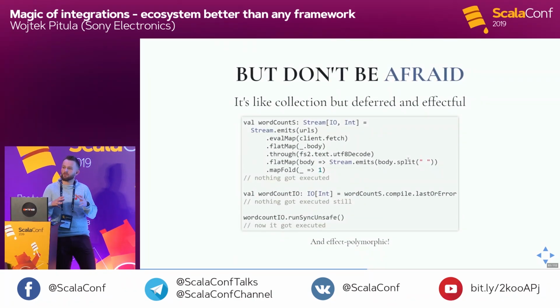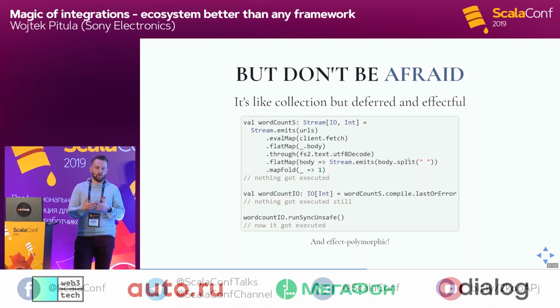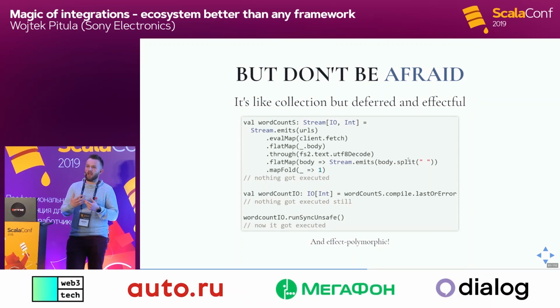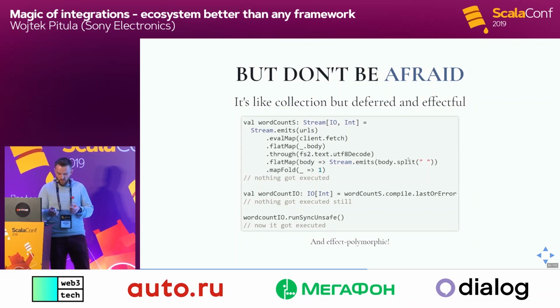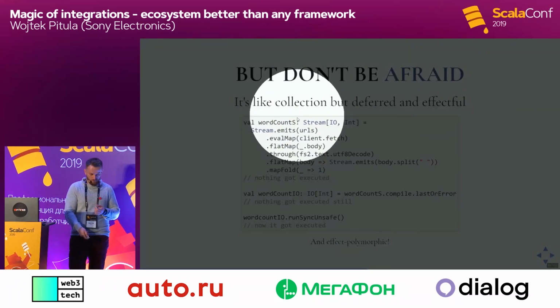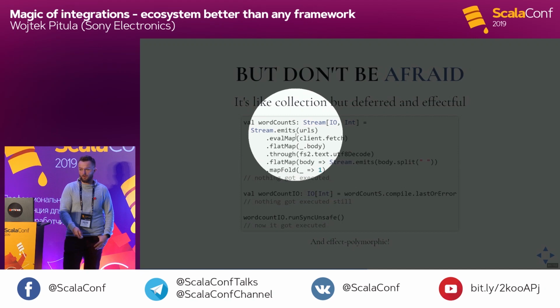You can think of it just as a regular collection, but with the capability to execute side effects when requested. In this example, we have a list of URLs, or sequence or whatever.